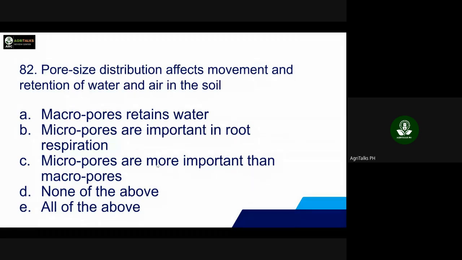That is another wrong, because all pores, the micro, the meso, and the macro pores, are all important because they serve different functions. So the correct answer for this is letter D, none of the above.